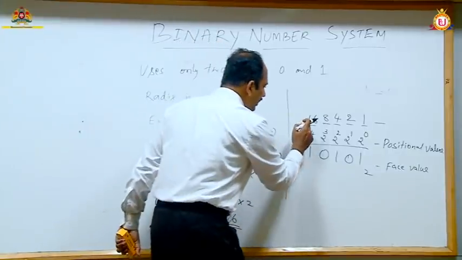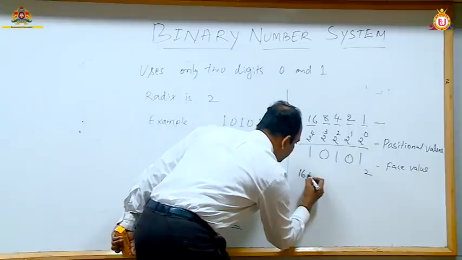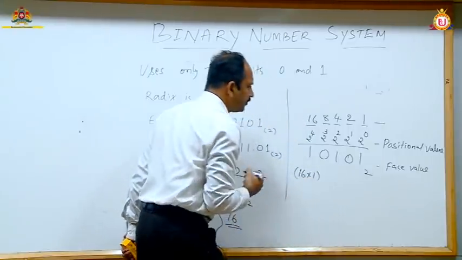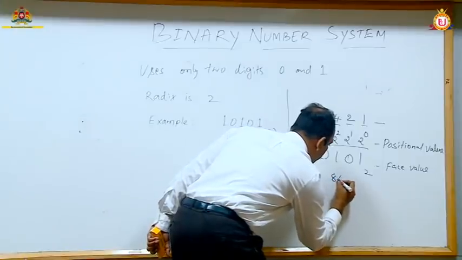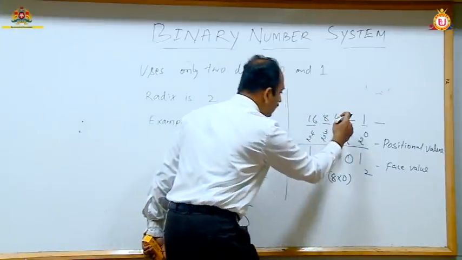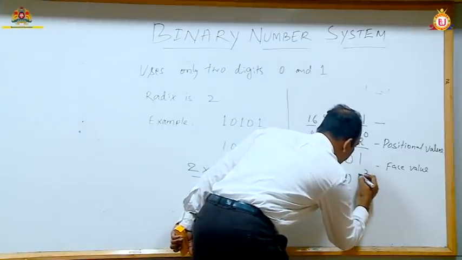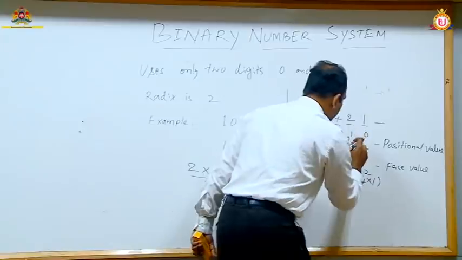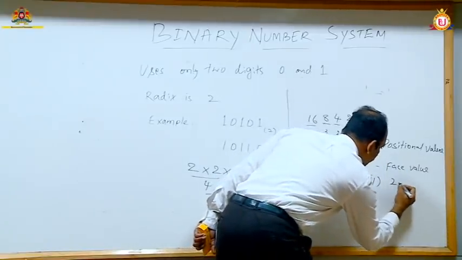So that gives the number, see, 16 into 1. Then 8 into 0. Then 4 into 1. 2 into 0.